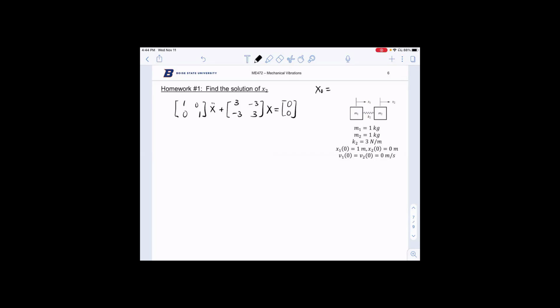And x naught is 1, 0. V naught is 0, 0. All right, that's the equation of motion. So we need to find the solution for x2.